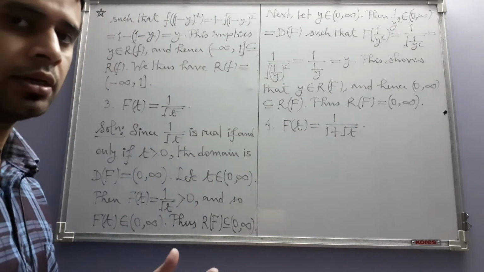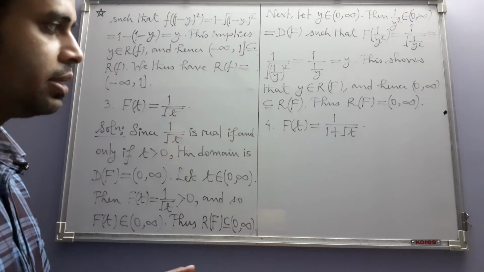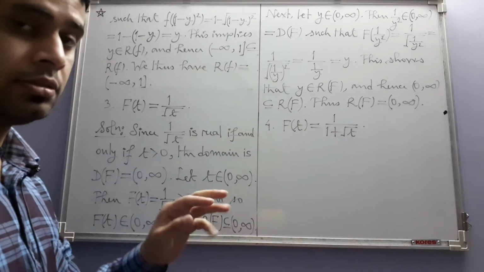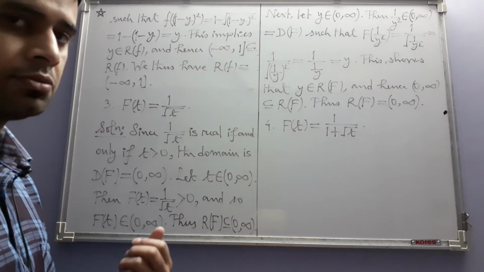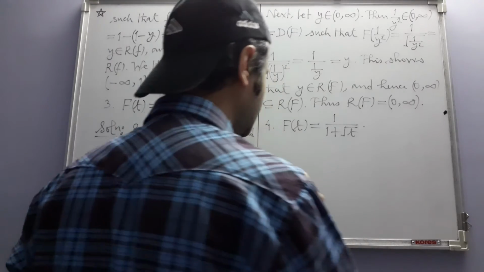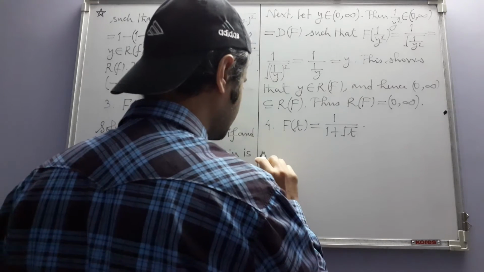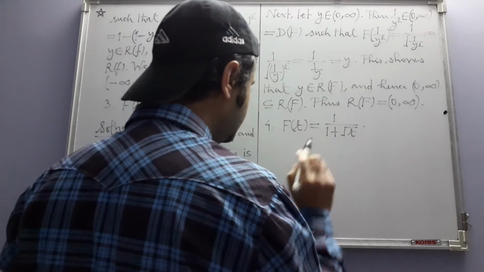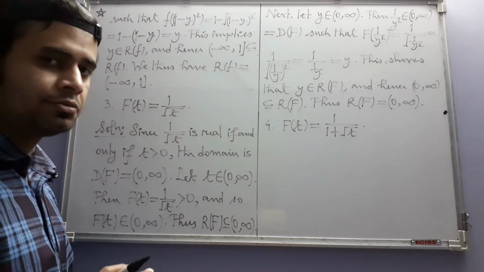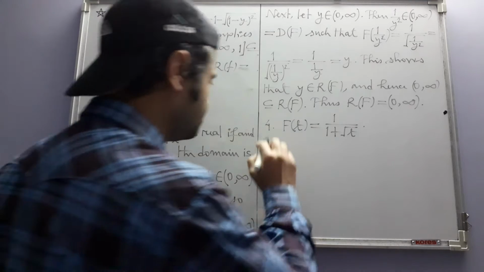How can we say so? Because 1 is positive and square root of t is by definition a positive square root of something, namely t. Now it will depend on what t actually is. So t here can be any non-negative real number because we cannot take t negative.